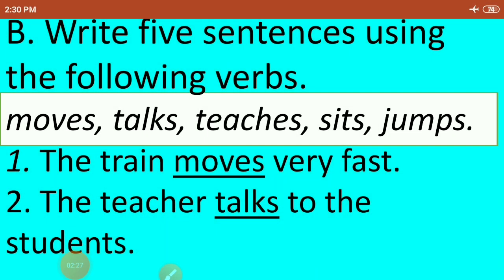Come on, repeat it. Moves, talks, teaches, sits, and jumps. Let's make the first sentence using the word moves. The train moves very fast.